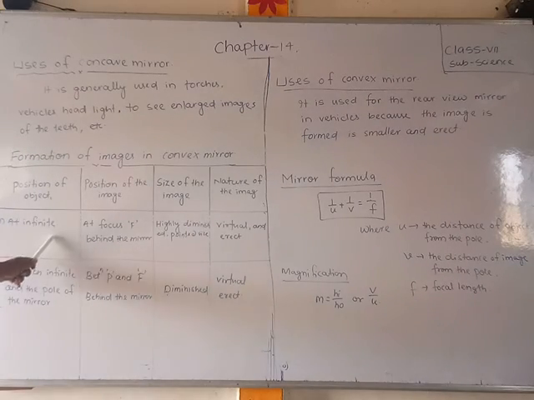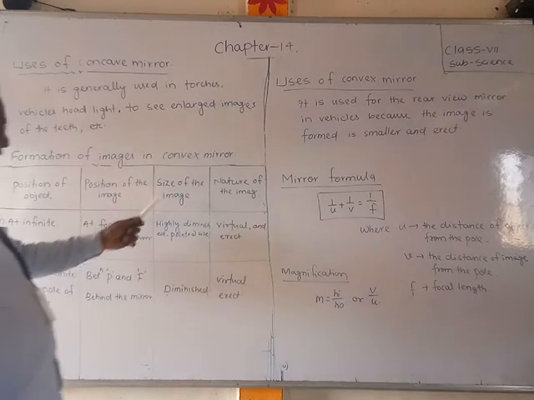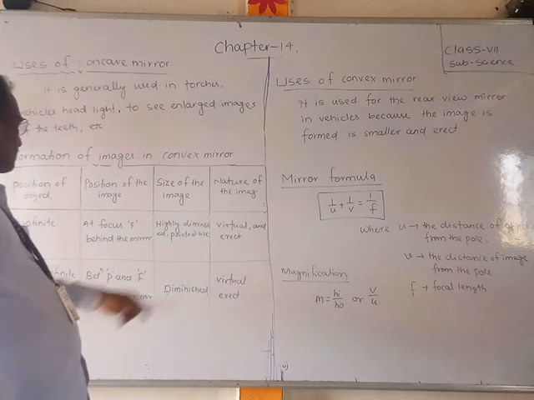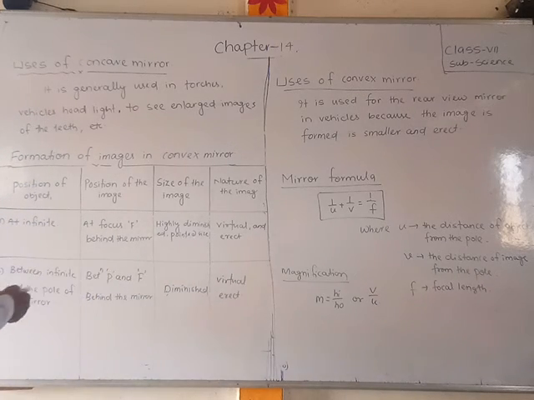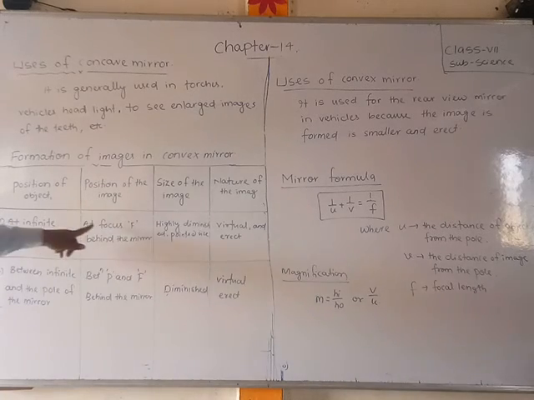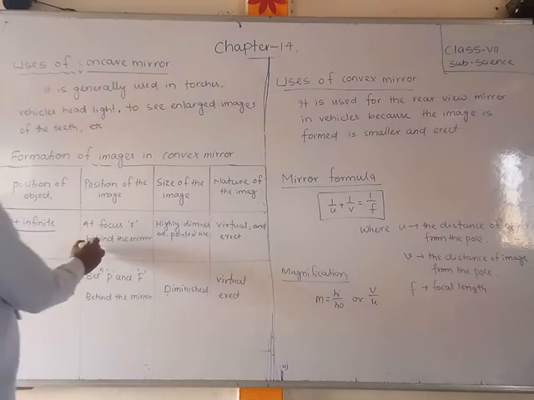If the object is at infinity, the image will be at the focus, highly diminished to a point size. You should remember that this is very important. When the object position is at infinity, the image is at the focus, but behind the mirror.